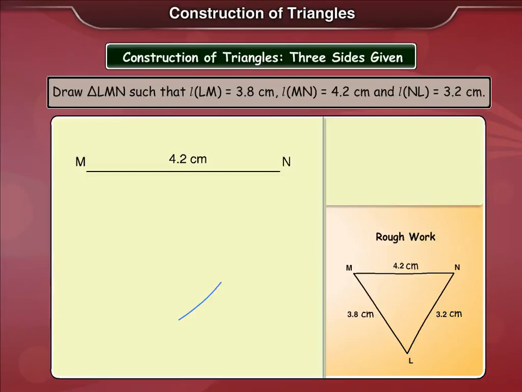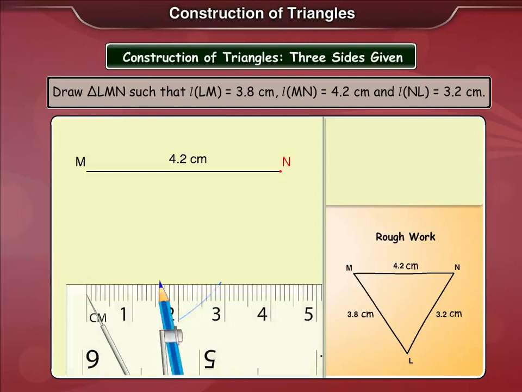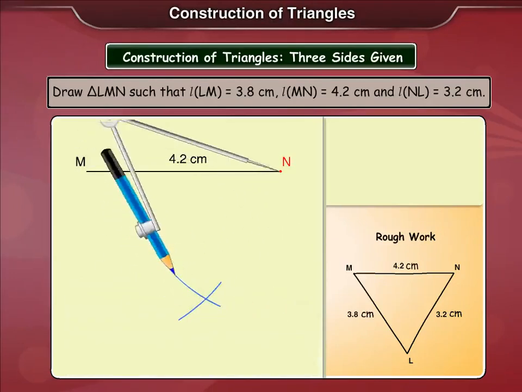Let the point of intersection be L. Join LM and LN. The required triangle LMN has been constructed.